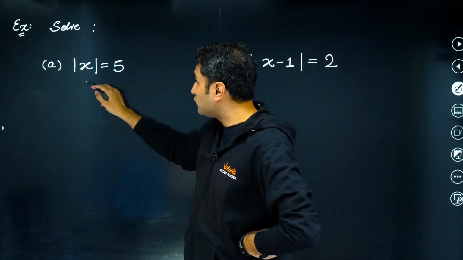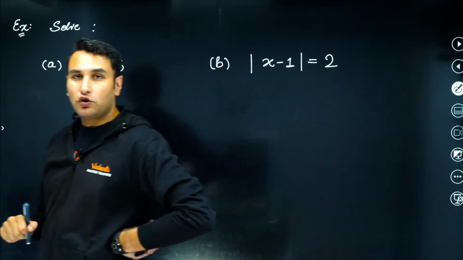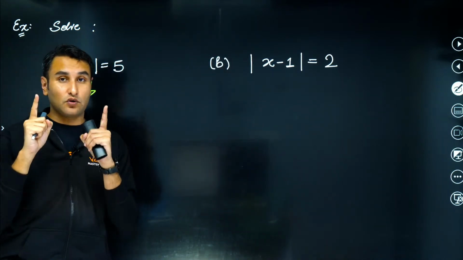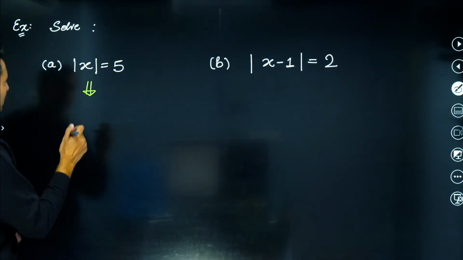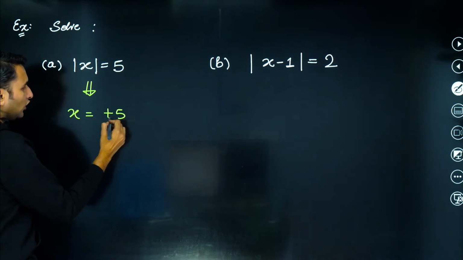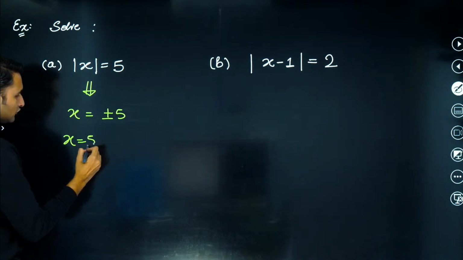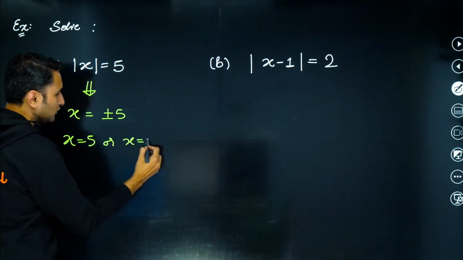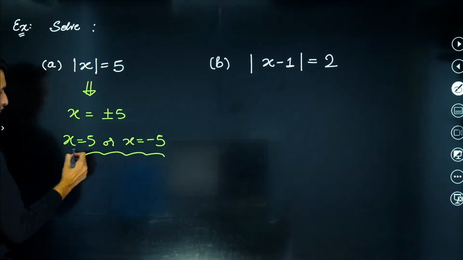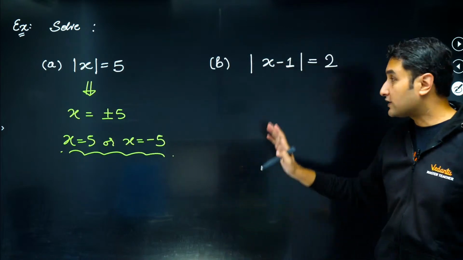It implies that my input, the value of x, and x is always the input, could either be 5 or minus 5. In other words, x is equal to 5 or x is equal to minus 5. Plus minus 5.